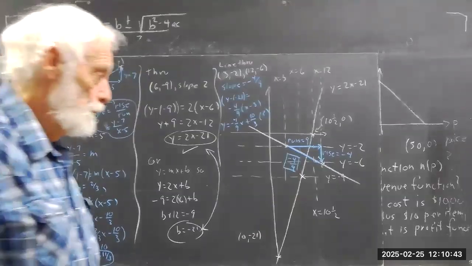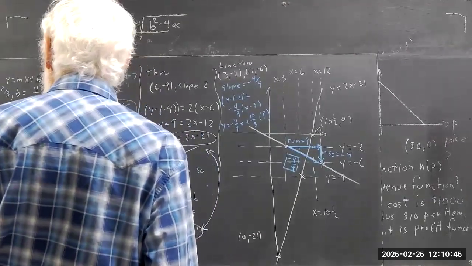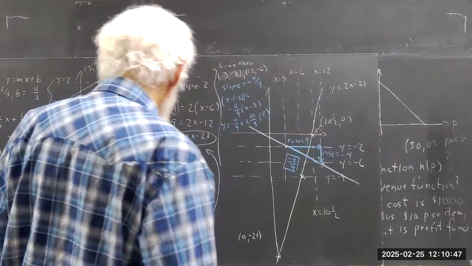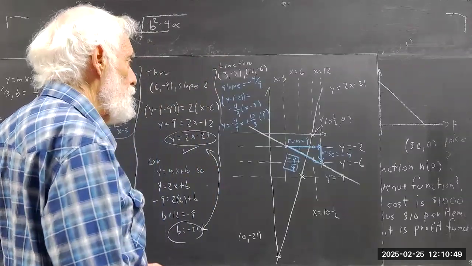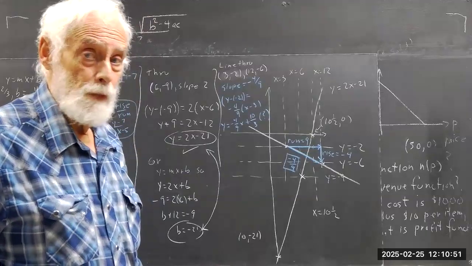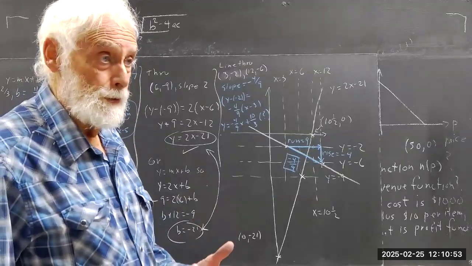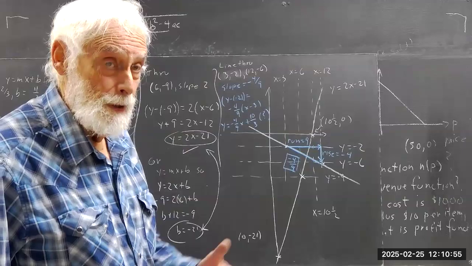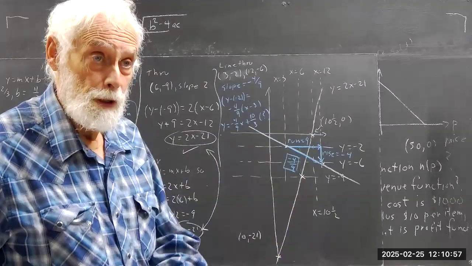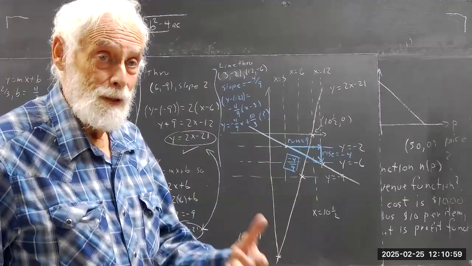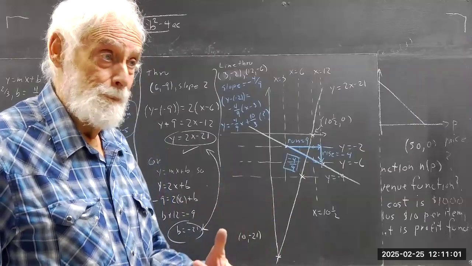Now there are 2 things we can do with these 2 lines. The question is, where do the lines intersect? You have questions in that homework assignment that ask you to find where the 2 lines intersect. Find it algebraically.